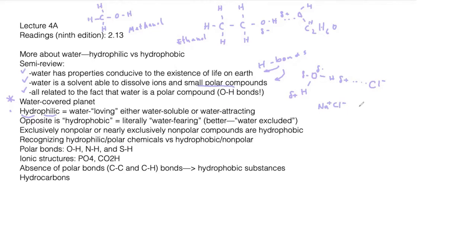That's the way you really should be depicting sodium chloride, table salt, even though we normally just say NaCl. Some people have even turned that into an acronym. Personally, I don't like that too much, but NaCl is an ionic substance.